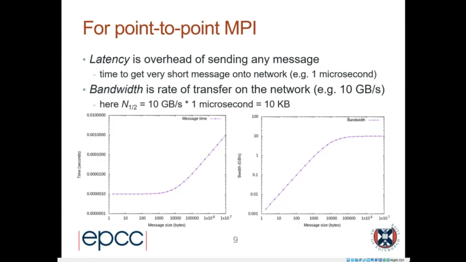But here we want to do something quite nasty. We want to get data from our process out onto a physical network, which is a different piece of hardware outside of the operating system, and that is tough. It takes time, and typically it's measured in microseconds. We'll do some measurements later on, but think of the latency as being of the order of microseconds.